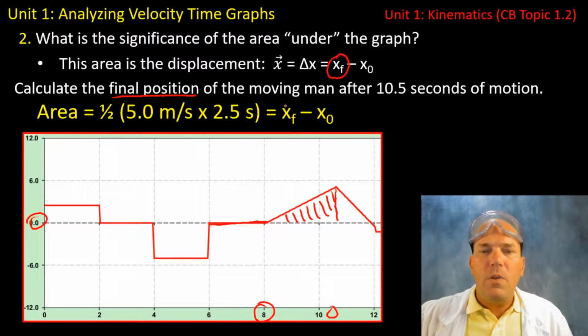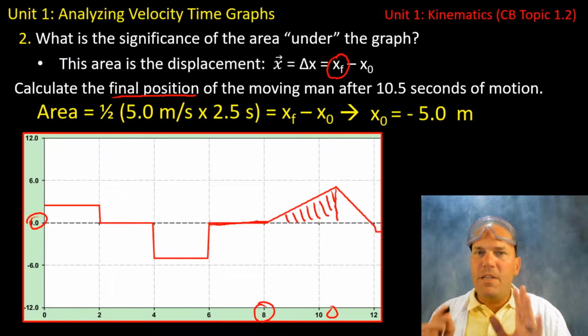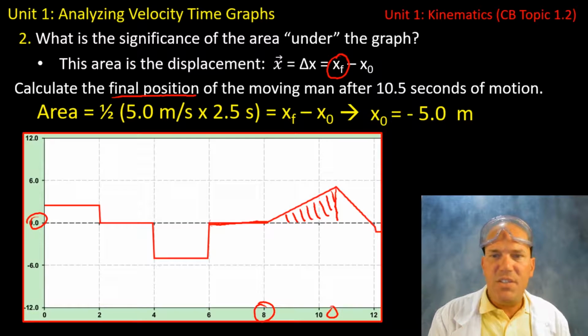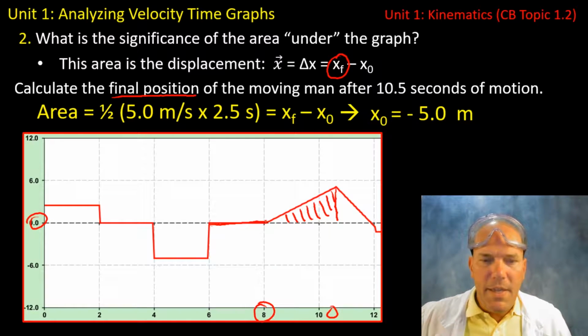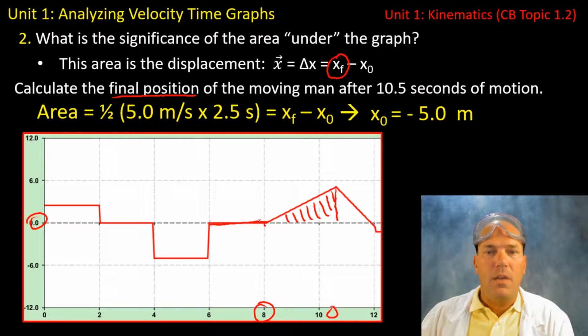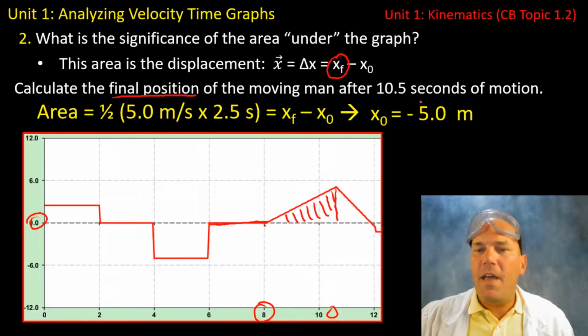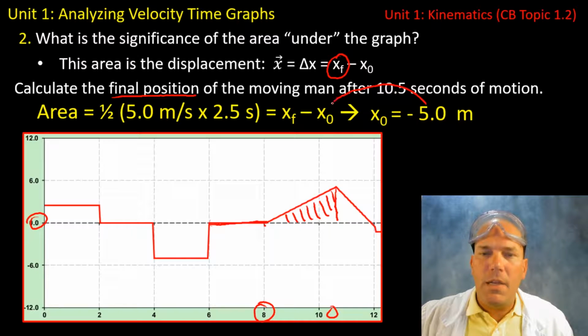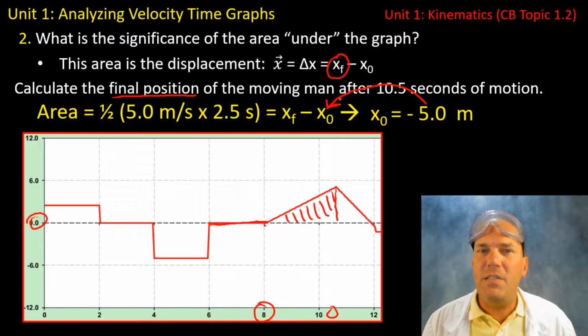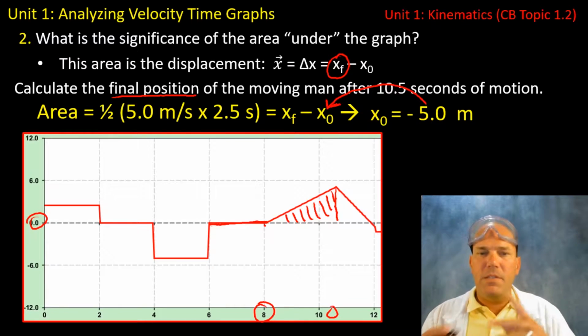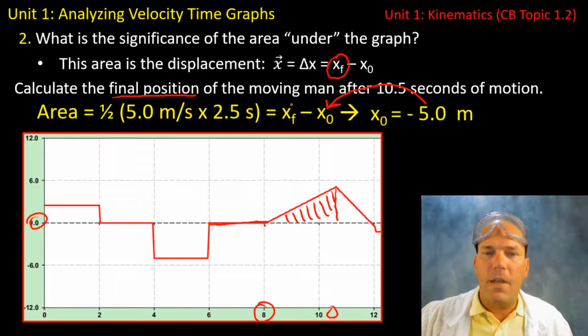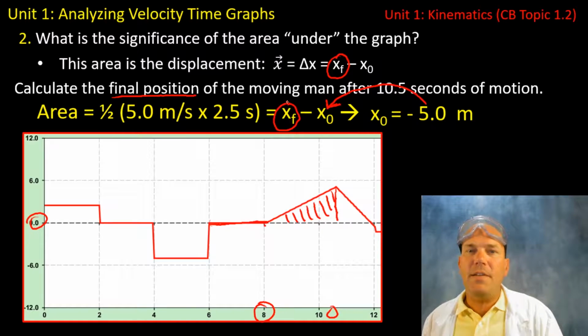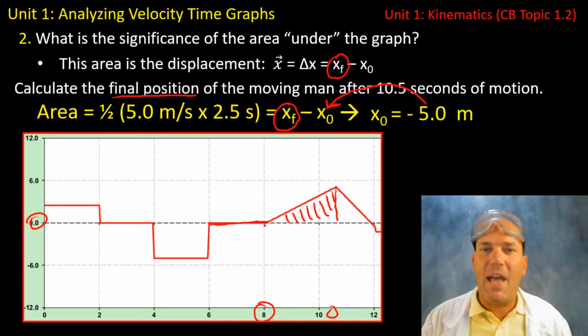Over here, we're taking the fact that we already know x naught. We know that the initial position of the moving man right here at 8 seconds is negative 5 meters. So then we're going to take negative 5 meters and plug it in here. Now pay attention, you have a double negative here, which gives you a positive. But then to solve this equation for x final, you need to subtract that positive value from both sides.